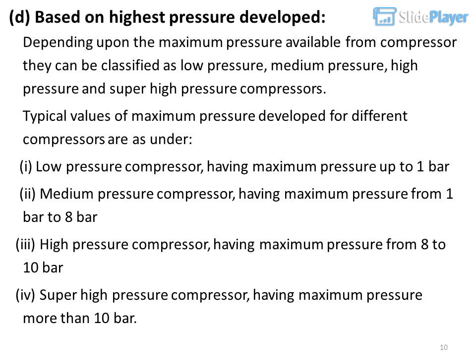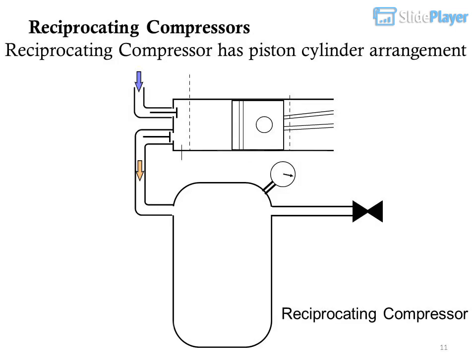Low pressure compressor, having maximum pressure up to 1 bar. 2. Medium pressure compressor, having maximum pressure from 1 bar to 8 bar. 3. High pressure compressor, having maximum pressure from 8 to 10 bar. 4. Super high pressure compressor, having maximum pressure more than 10 bar. Reciprocating compressors.